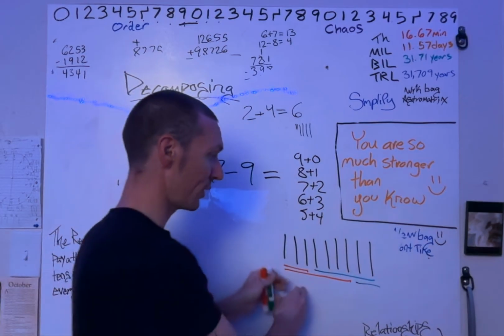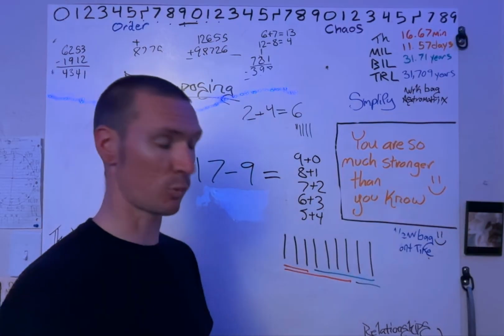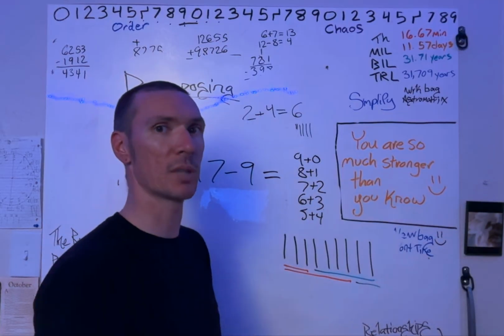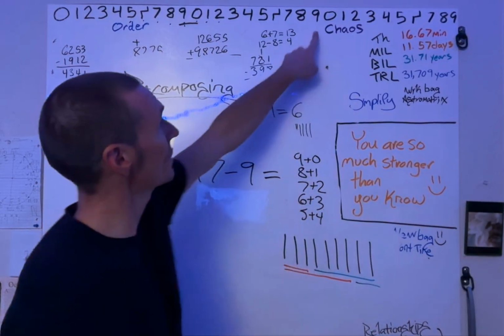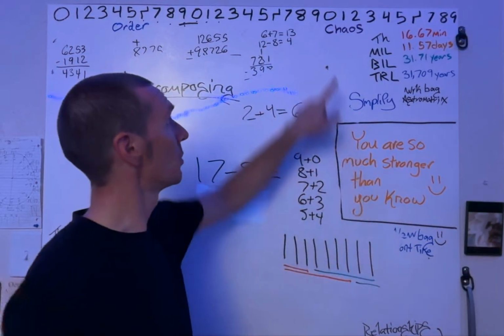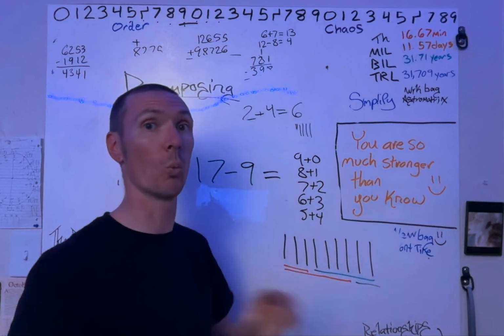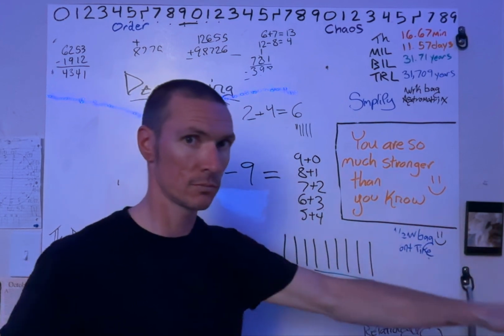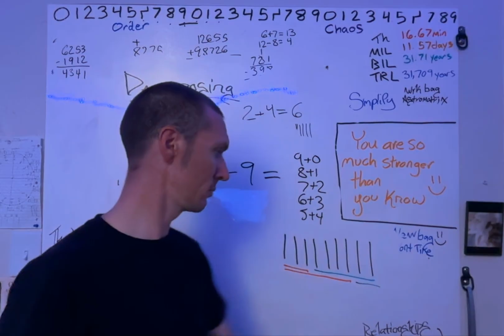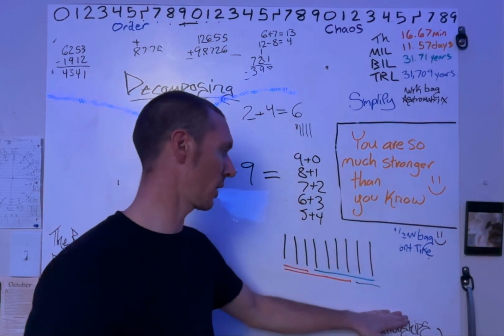And so we have 9 things. The number doesn't change, but you can change the way you group them together. So anytime you see a number, think of it like this. Because the number 9 really means 9 ones. Everything's a 1. So this is 9 ones. Think of it that way.